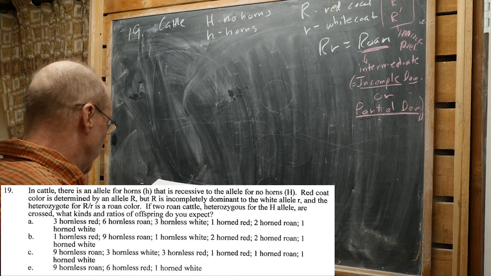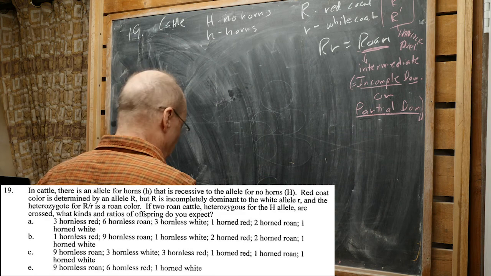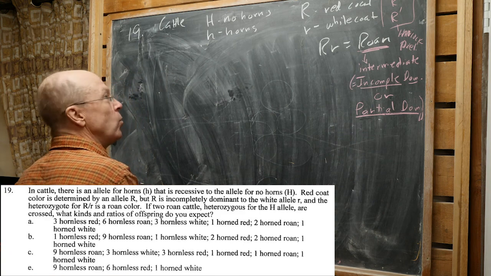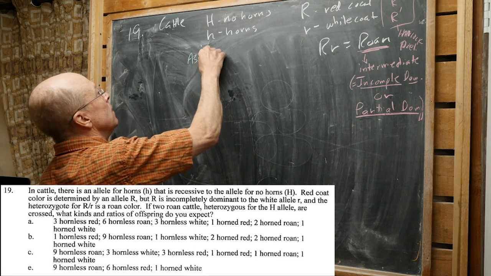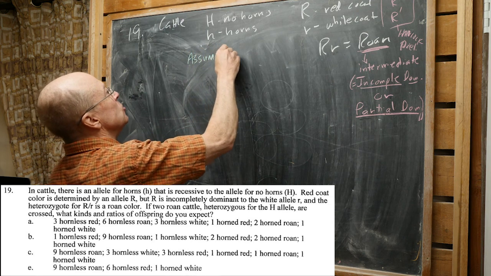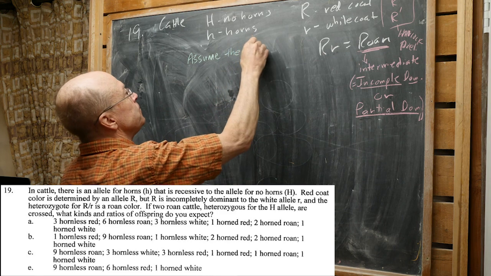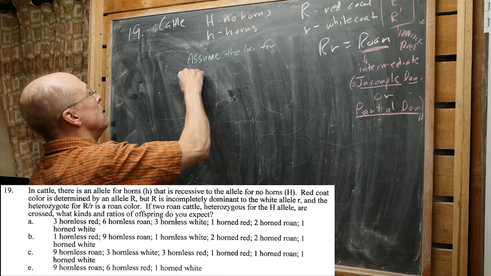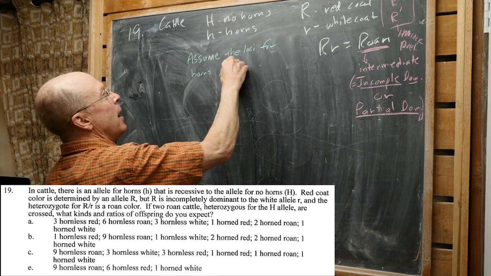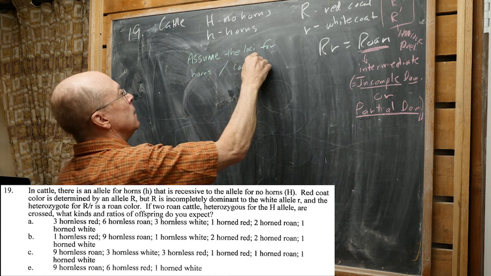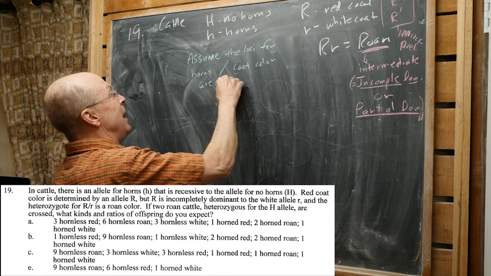And continuing to read, what I need to insert, and I would insert if I wrote this question myself, is assume, this is a Hancock insertion, assume that the loci for horns and coat color are independent.